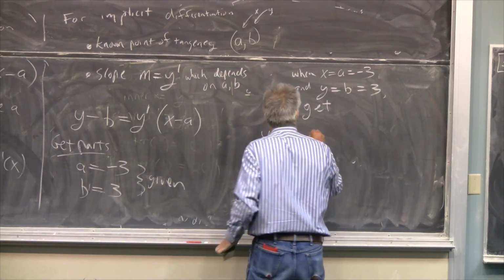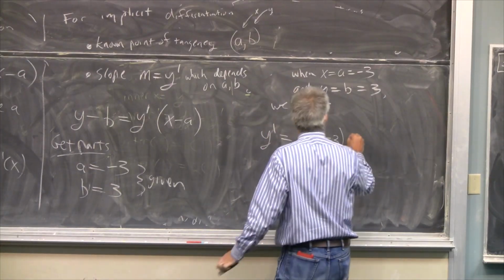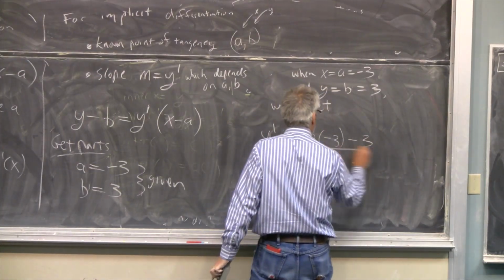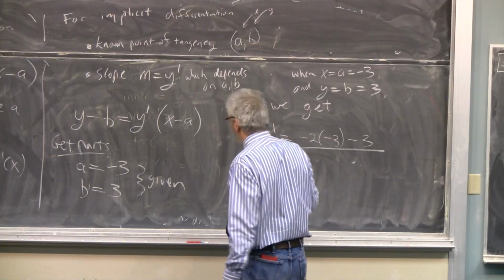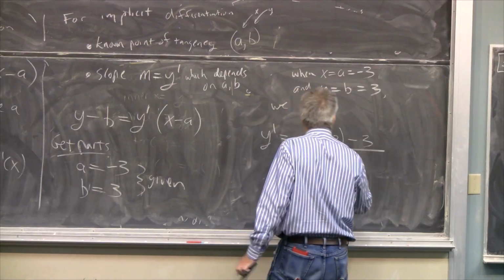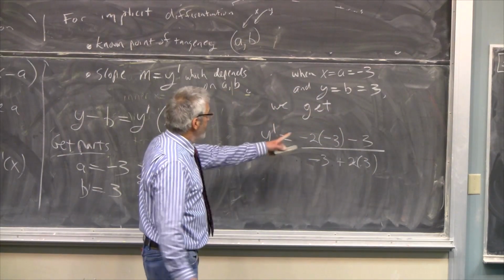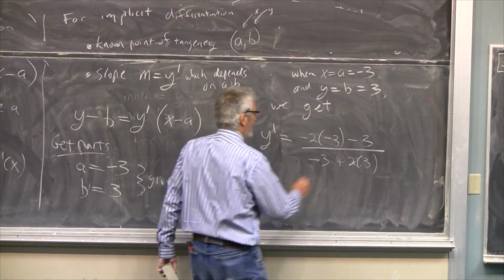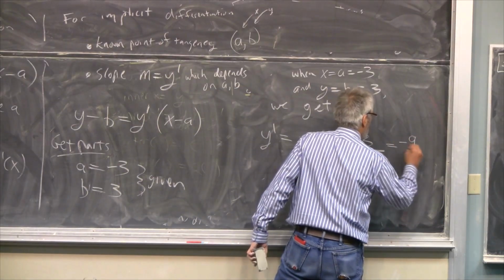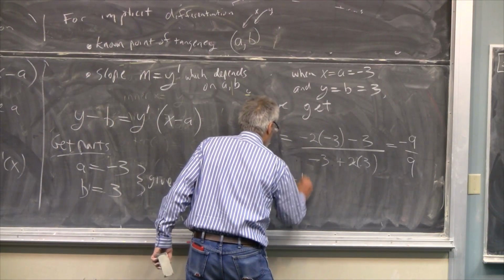So -2 times -3 minus y, which is 3, divided by x, which is -3, plus 2y, plus 2 times 3. So that's 3 over +3. So that's y prime equals 1.